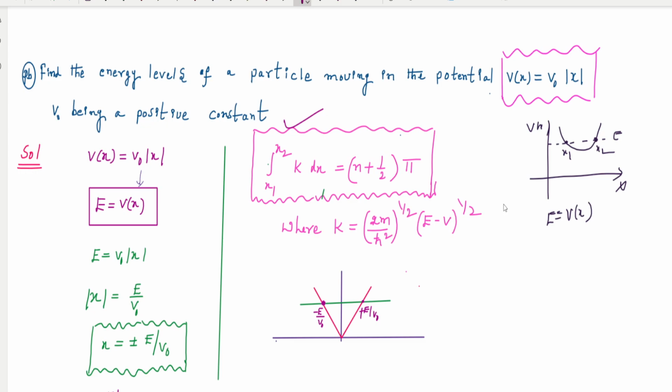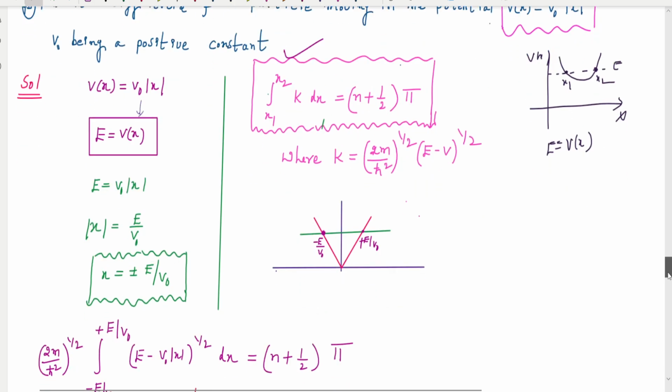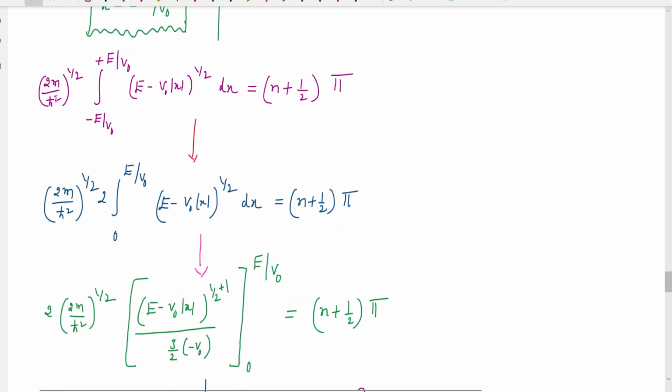Then substitute the potential energy in place of V, they're giving V naught modulus of x, and simplify this equation.